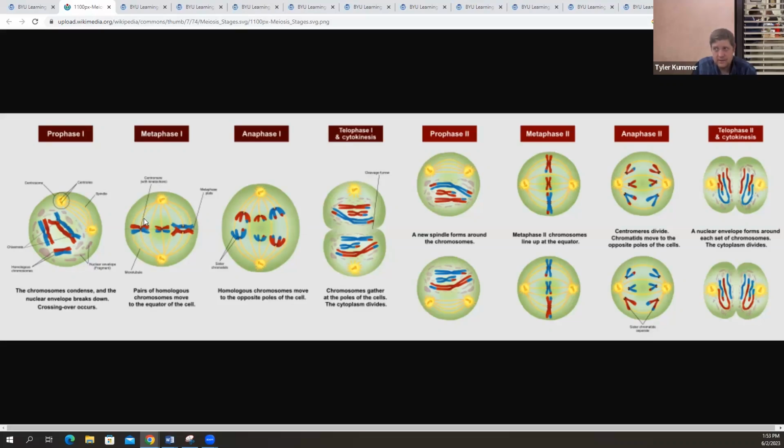You can have both dominants, 1 dominant and 1 recessive, or 2 recessives, so they can be independently inherited. And that's why, when we do a Punnett square, we have to do all the different combinations, because we want to account for the ways that they could possibly line up right here in metaphase 1.